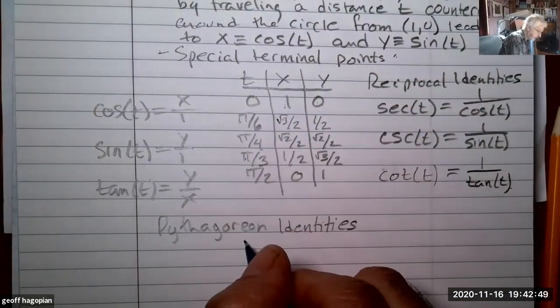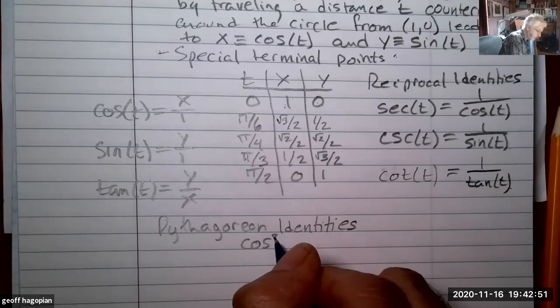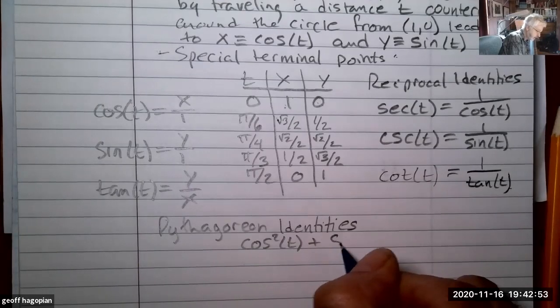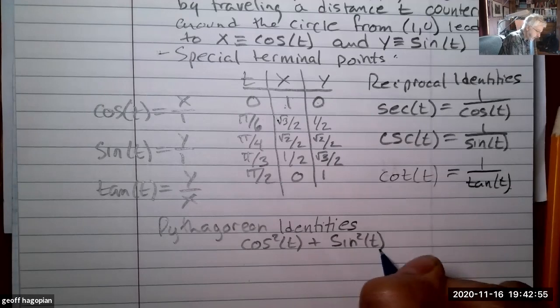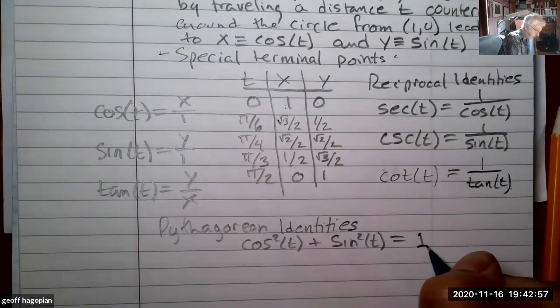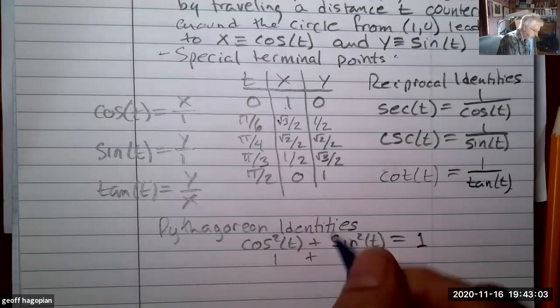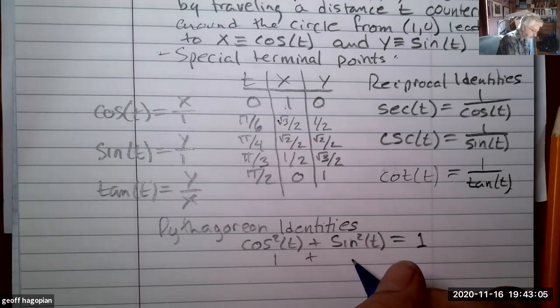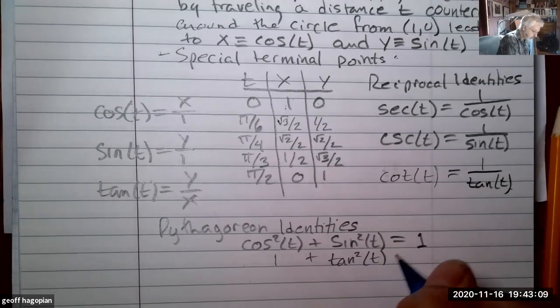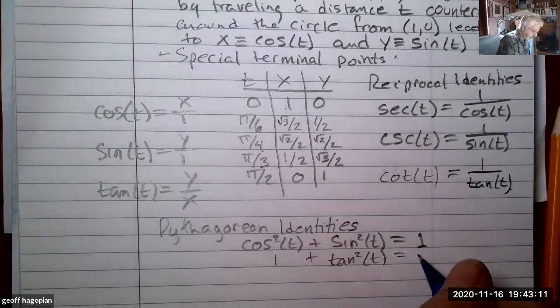So you've got cosine squared t plus sine squared t, regardless of what t is, that will always be 1. If you divide through by cosine squared, you get 1 plus sine over cosine, which is tangent, squared, right? Because we're dividing by cosine squared. And the reciprocal of cosine is secant.